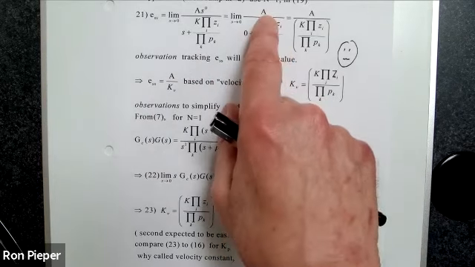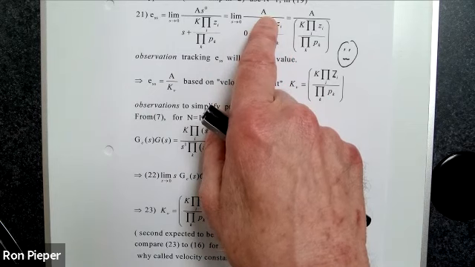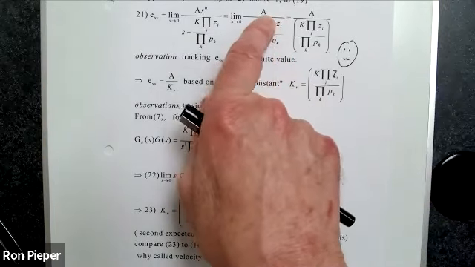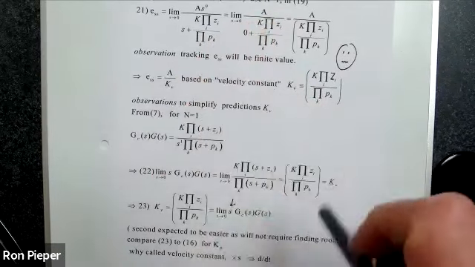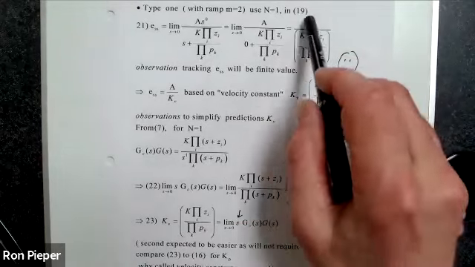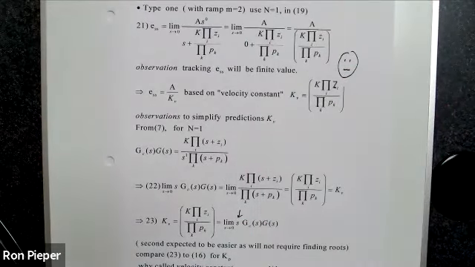The numerator looks finite because the A is not going to be selected to be 0. It would be a very interesting problem. The ramp essentially would be non-existent. So the A is there. So this would be the expression that we would get for the steady state. And it looks like one of those cases again where the steady state error is going to be finite.